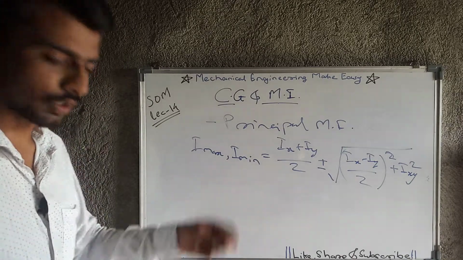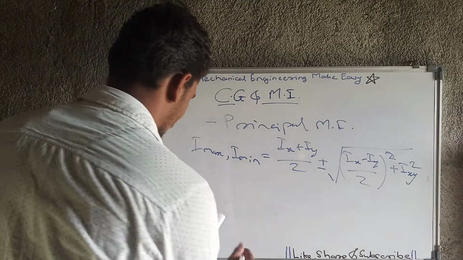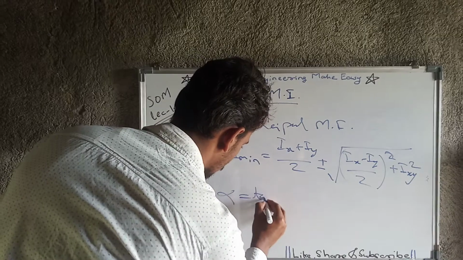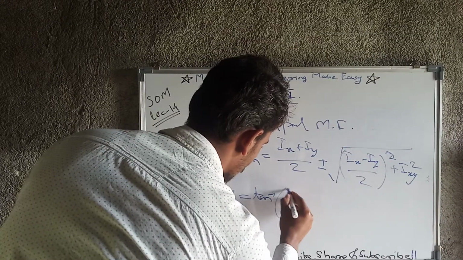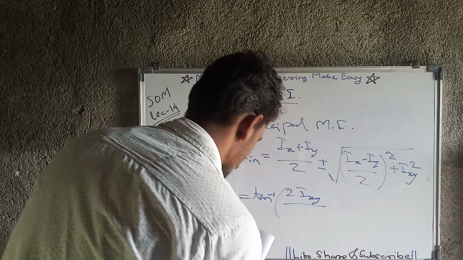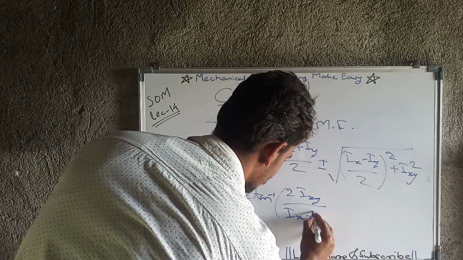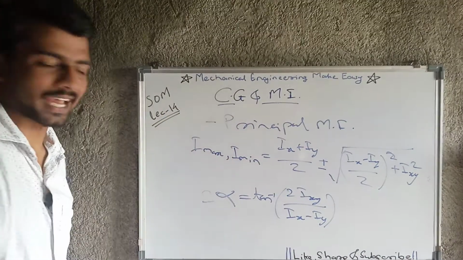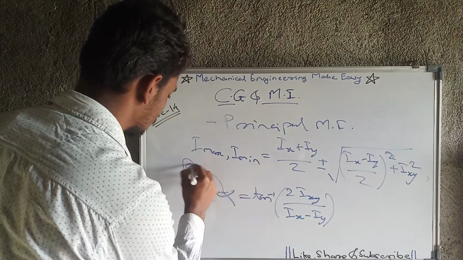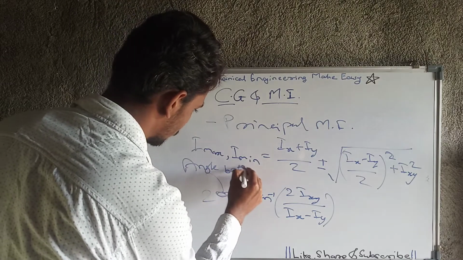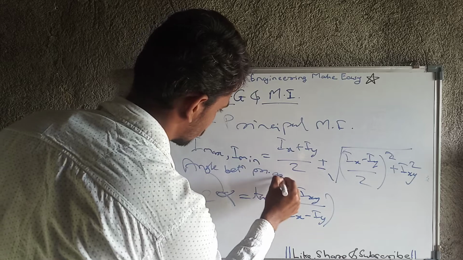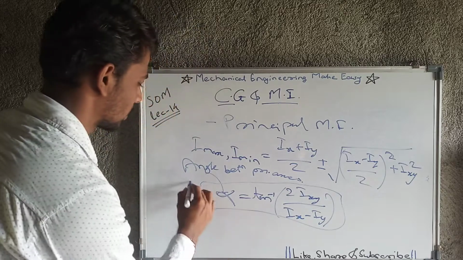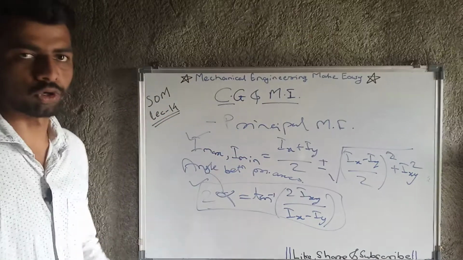We calculate that orientation with another formula: twice alpha is equal to tan inverse of twice Ixy upon (Ix minus Iy). This is the angle of the principal axes. This is also a very important formula, so note down this formula and the previous one. Both formulas are important.